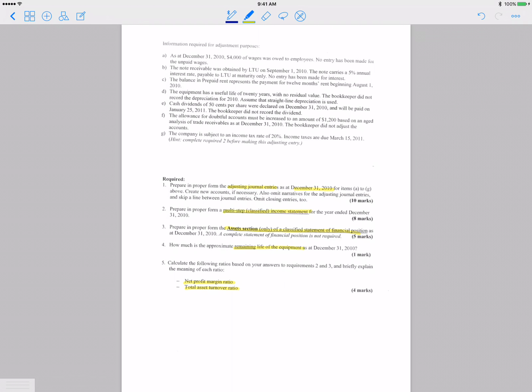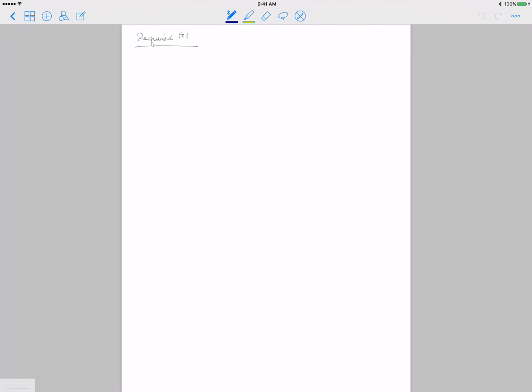So to begin, let's look at our adjusting journal entries for A. As at December 31st, we have $4,000 of wages that are owed but not paid for. So the first thing to do is to make our first adjusting journal entry, which means that as at December 31st, 2010, we're looking at a debit of an expense.